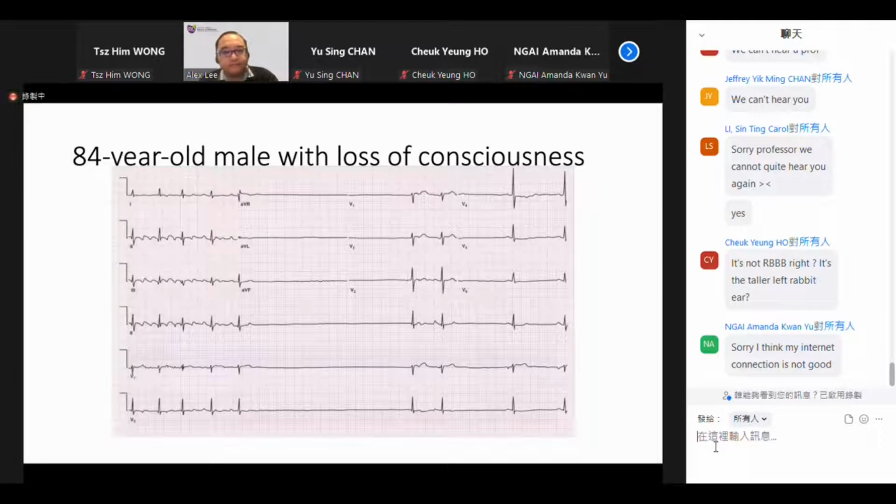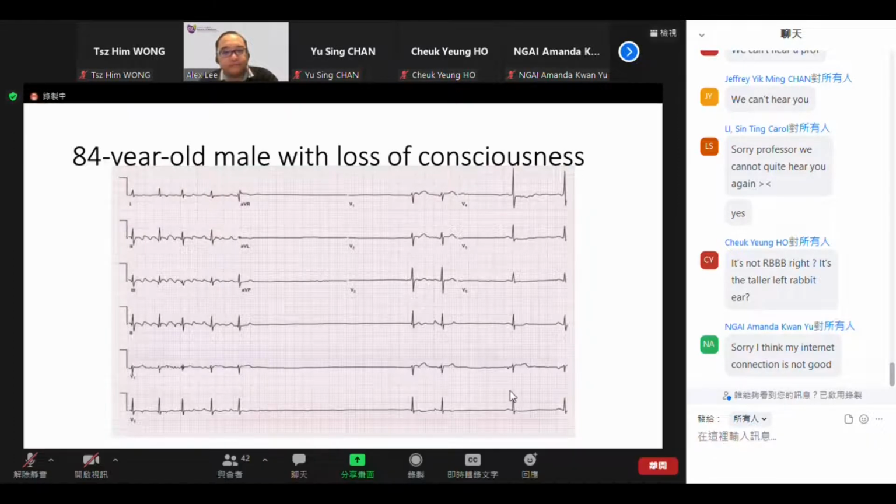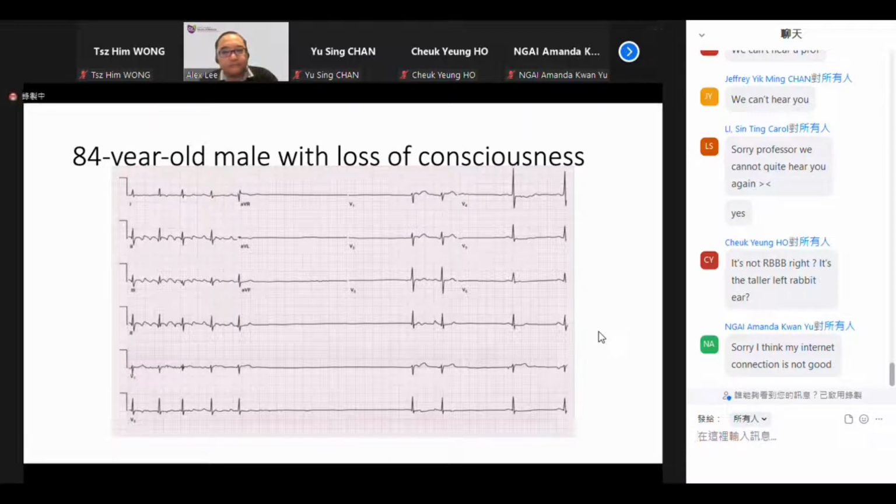There is a loss of the electrical activity for a period of time from lead 2. Only lead 2?